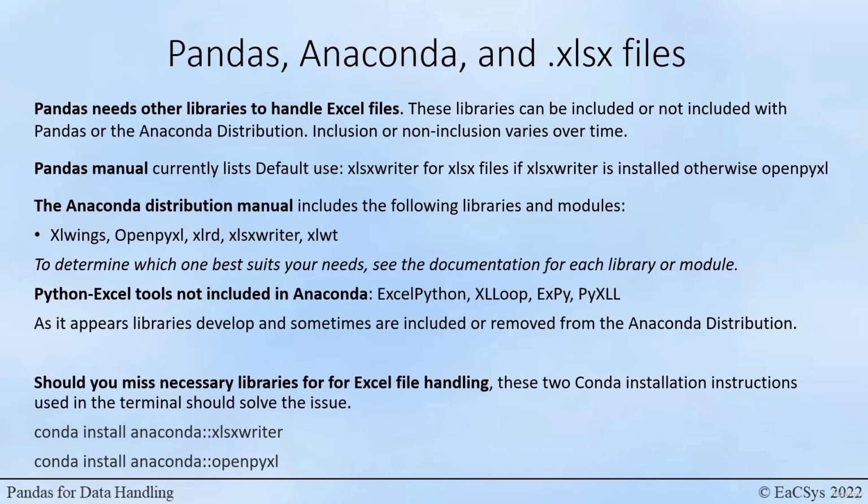So here we have two snippets of code which you can use in the terminal to install these Excel readers and Excel writer programs, if they are missing in a future version of Pandas and Anaconda. We don't believe that they will be missing, but this has developed a lot over time.